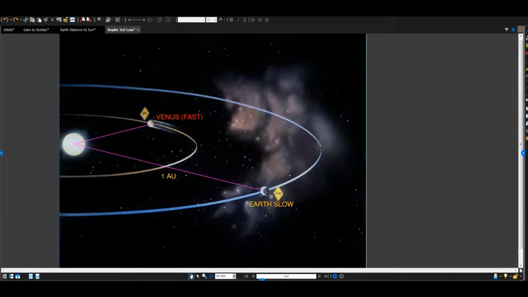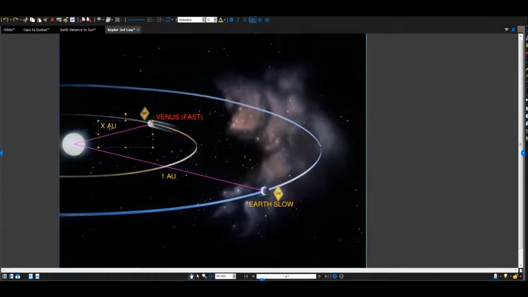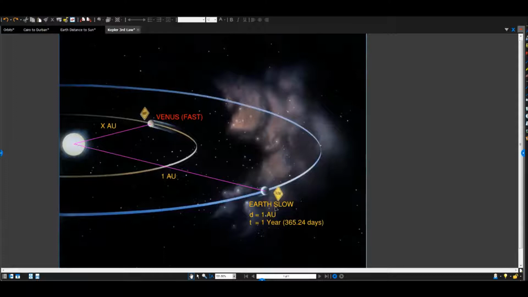Then the distance from the Sun to Venus, at this point we don't know what that is either, and we don't know what size it is relative to the distance from the Earth to the Sun. So let's just call it X AU, okay?